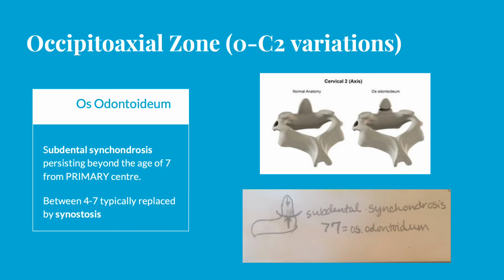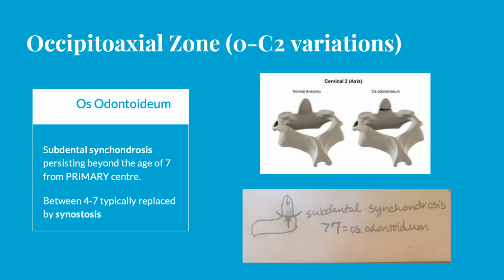So we've got a few different types of variations that can occur there. There is the os odontoideum, which is quite a mouthful, so that tends to be a fill-in-the-blank question. Recognize the difference between this and the next one we'll go over on the next slide. The os odontoideum is a subdental synchondrosis that persists beyond the age of 7, and it's going to be located lower down on the odontoid process.